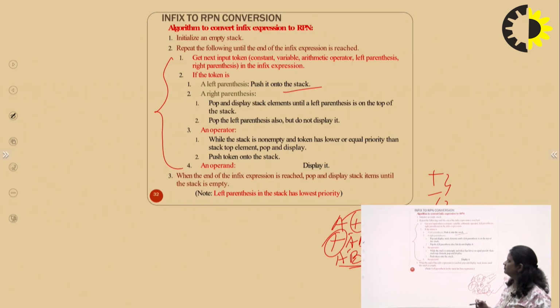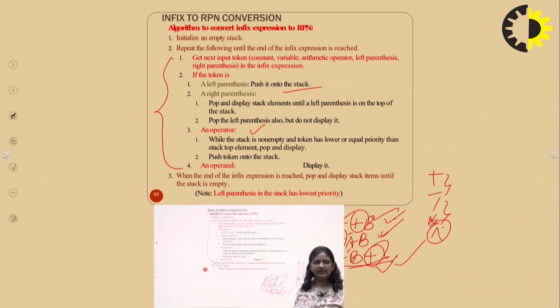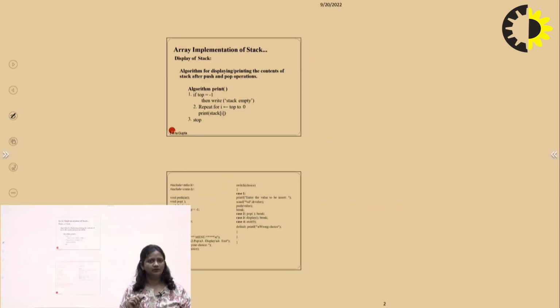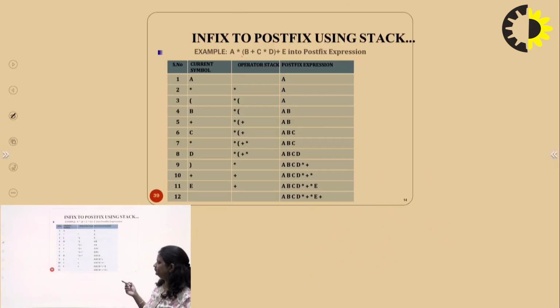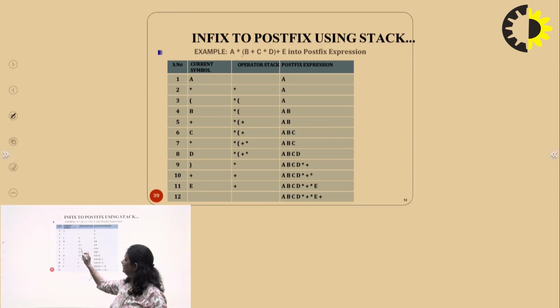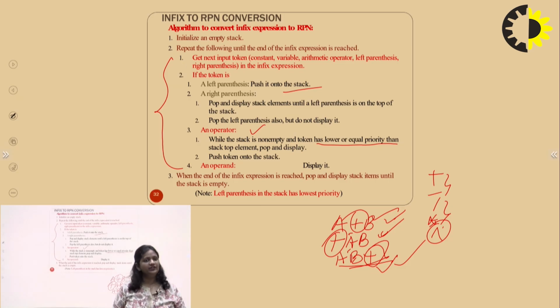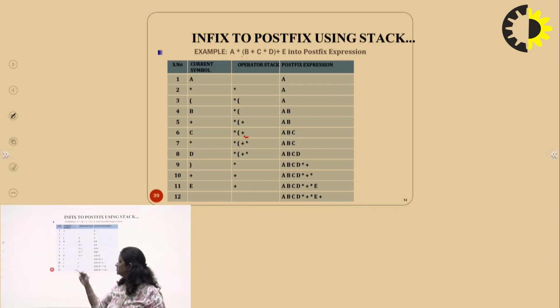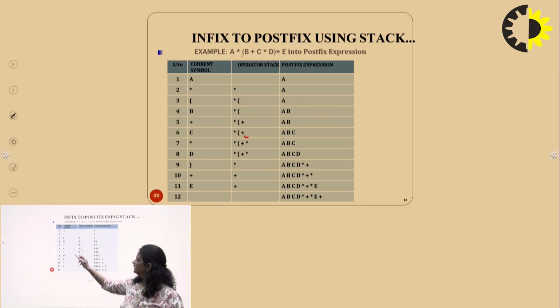While the stack is non-empty and the token has a lower or equal priority than the stack top element: the stack top element is plus, and multiplication has higher priority than addition or subtraction. So there will be no changes, because multiplication has higher priority, and multiplication is simply put on the operator stack.